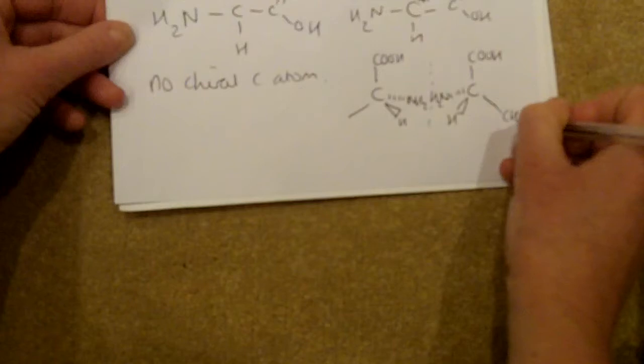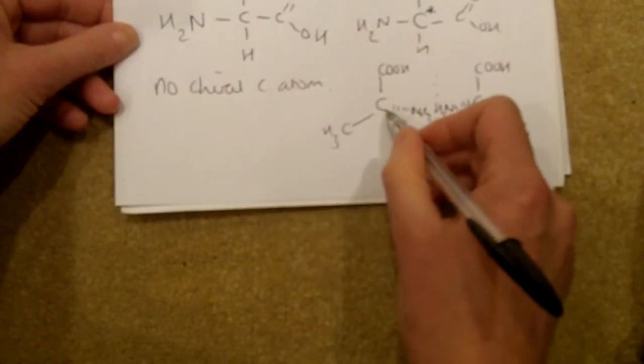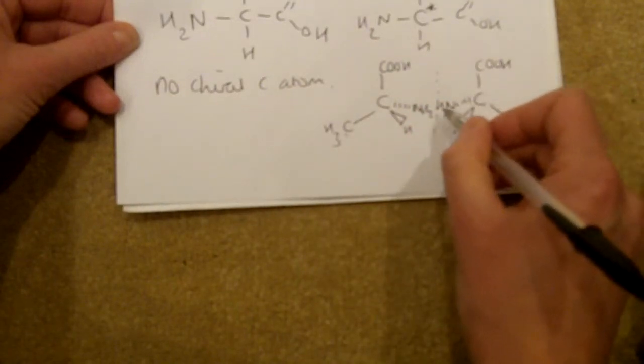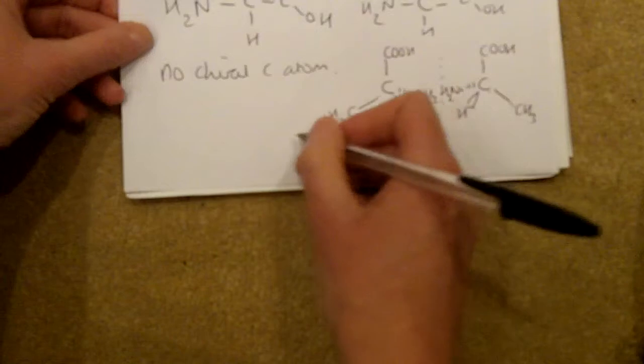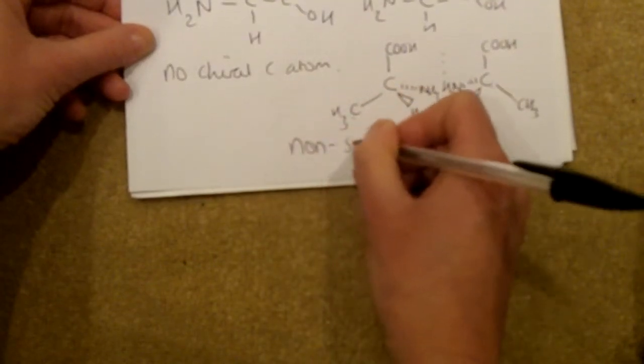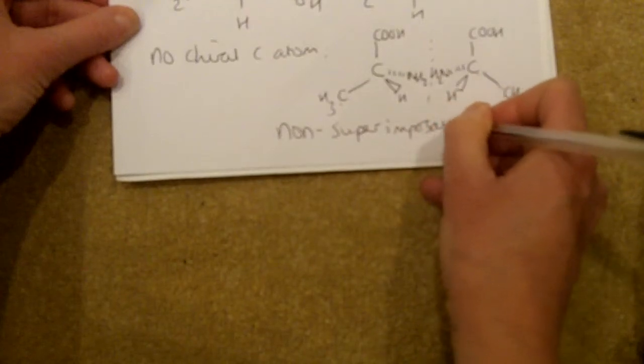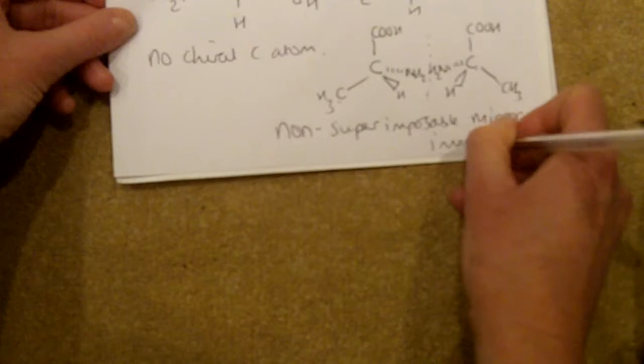What is important is connectivity. The C is bonded to the C, the C to the N, and so on. And these are non-superimposable mirror images. Optical isomers.